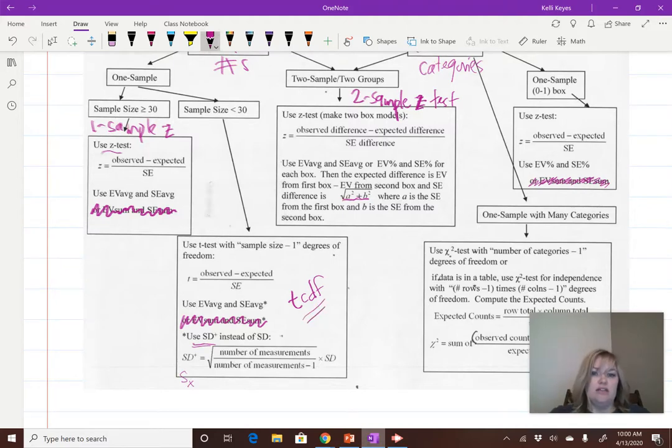Anyway, those are the two things you need to change if the sample is less than 30. If it's less than 30, it's going to be a t-test, and we use the SD plus or the SX, and then we go TCDF instead of norm CDF.